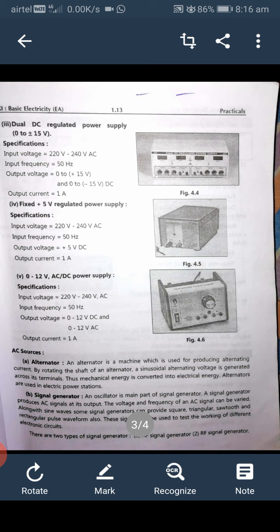Some signal generators can provide square wave, triangular wave, sawtooth wave, and rectangular pulse waveforms also. These signals can be used to test the working of different electronic circuits. There are two types of signal generator: AF signal generator and RF signal generator.